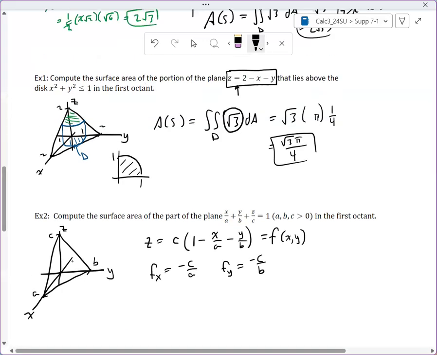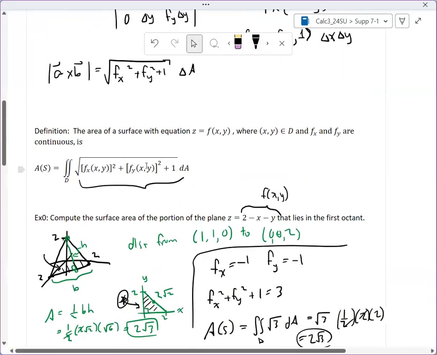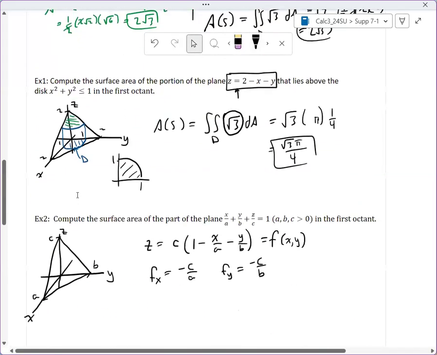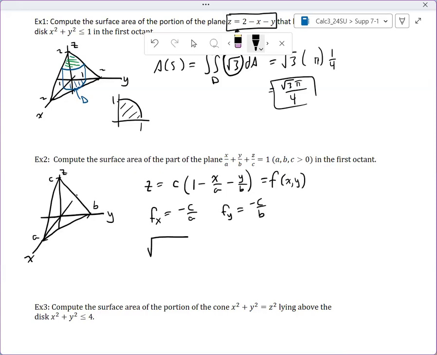And my square root that goes inside of my integral up here is going to be the square root of c squared over a squared plus c squared over b squared plus 1. And we can simplify this a little bit. We can get a common denominator: b squared c squared plus a squared c squared plus a squared b squared all over a squared b squared.